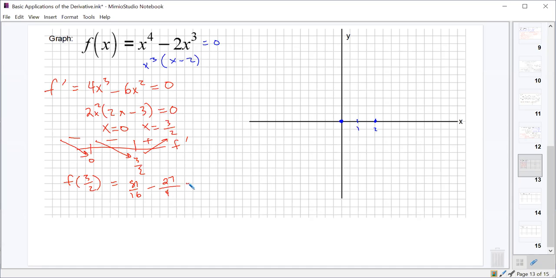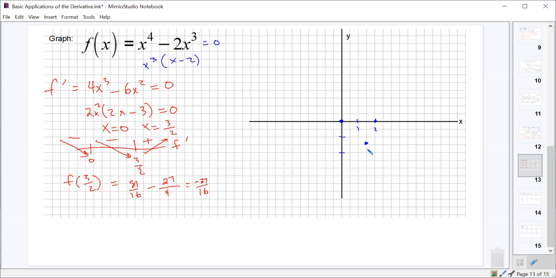If I get a common denominator, what is that going to be? Ought to be negative 27 over 16. Everybody agree with that? Yeah. Good. Somewhere right around there, a little bit above negative 1.5.